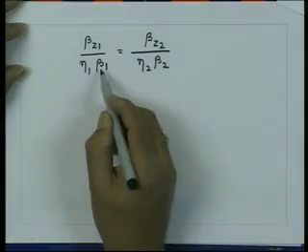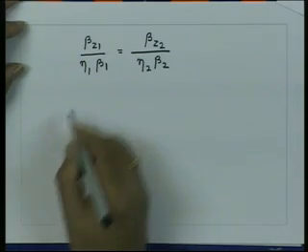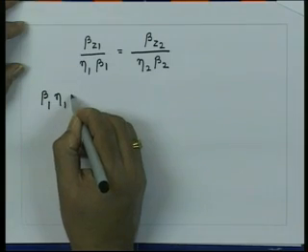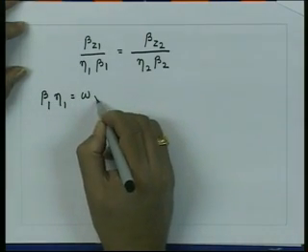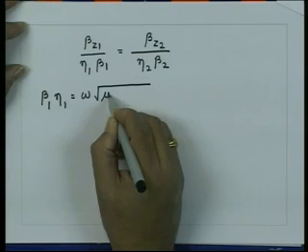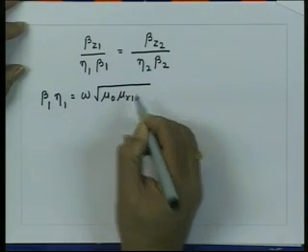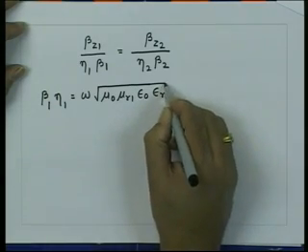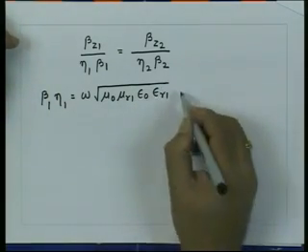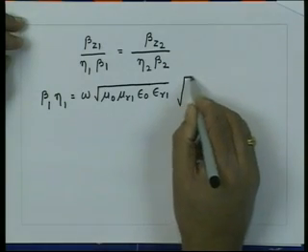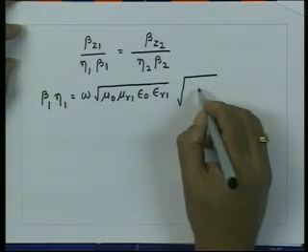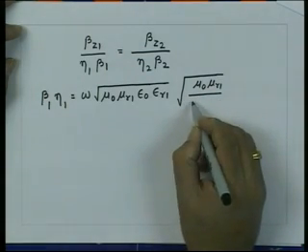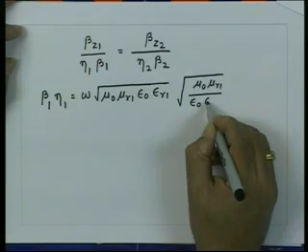We can write down for beta 1 and eta 1. So, from here, by substituting the medium parameters, we get beta 1 eta 1 equal to omega square root of mu 0 mu r1 epsilon 0 epsilon r1 into eta 1, which is square root of mu 0 mu r1 divided by epsilon 0 epsilon r1.